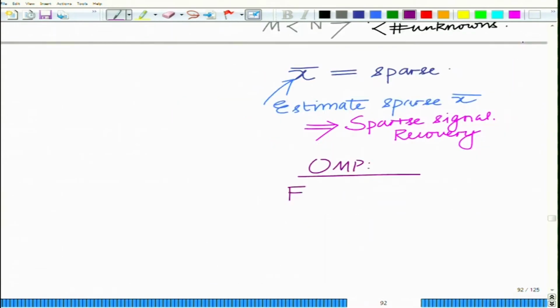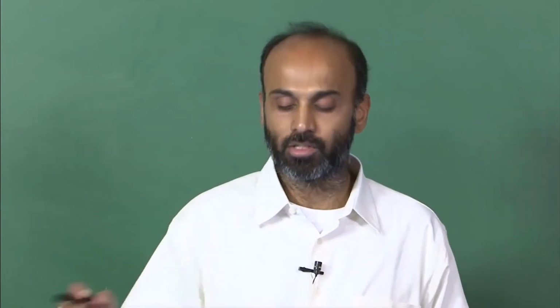In the first iteration of OMP, you find the projection on each column of the matrix phi, each phi i tilde, and choose the column which yields the largest projection.